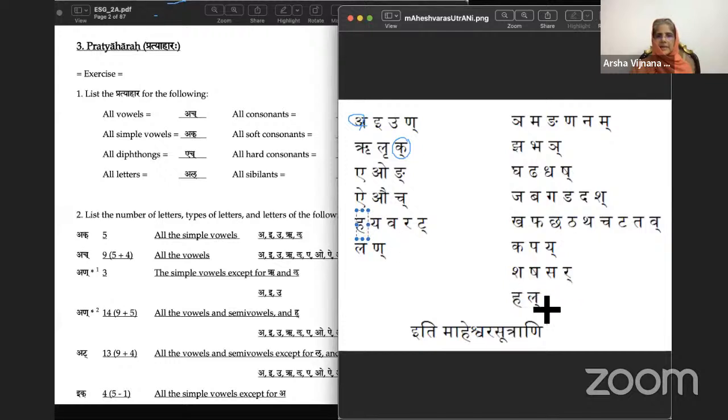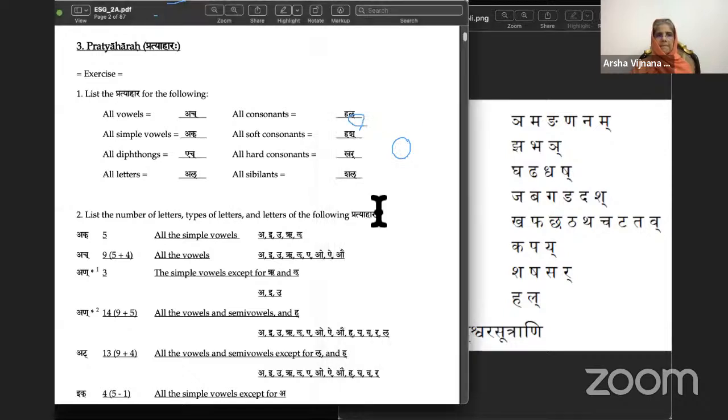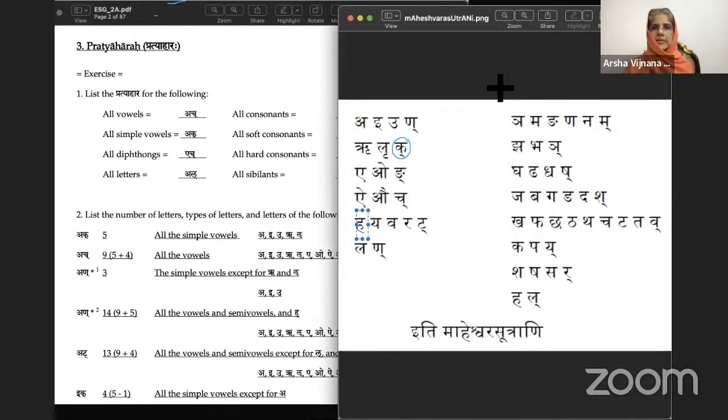Then all soft consonants. This is very important because now we are entering the realm of consonant sandhis, so this is good to remember. All soft consonants, Hash.